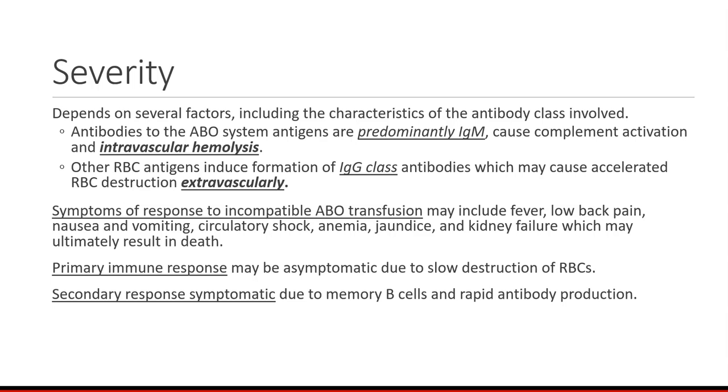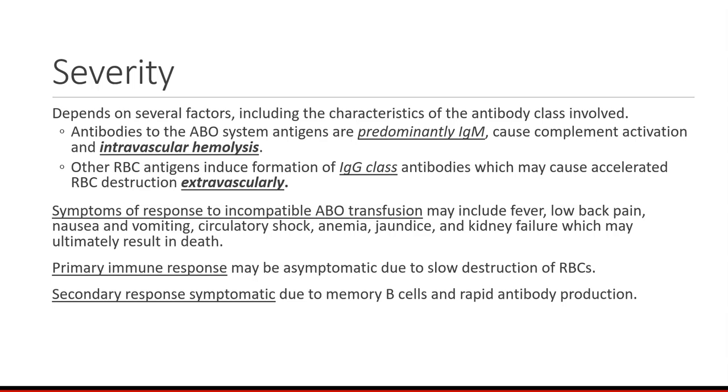Symptoms of response to incompatible ABO transfusion may include fever, low back pain, nausea, vomiting, circulatory shock, anemia, jaundice, and kidney failure, which may result in death. Primary immune response may be asymptomatic due to the slow destruction of red cells. So again, in a primary immune response, your body's just learning how to make the antibodies against these antigens.